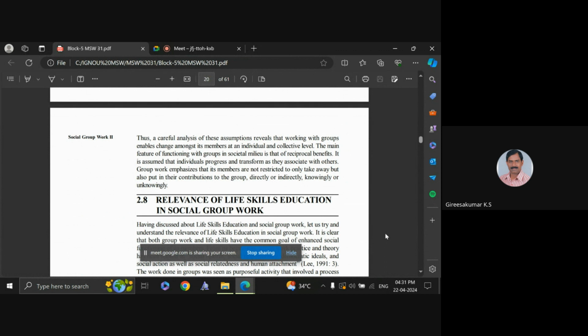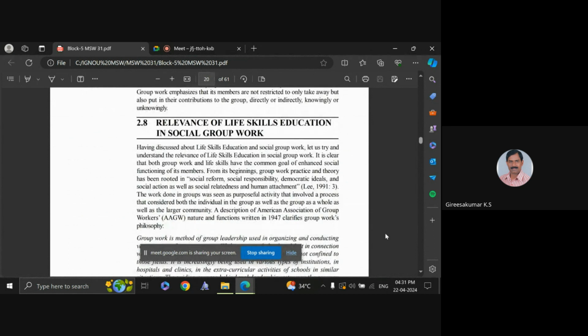The society may face so many issues, so many problems, so many challenges. And the aim of social group work is to eliminate and solve those problems, issues, challenges faced by the society or people, a group, and so on.